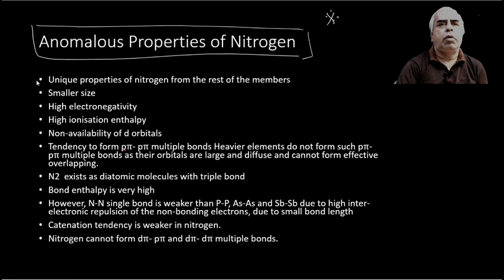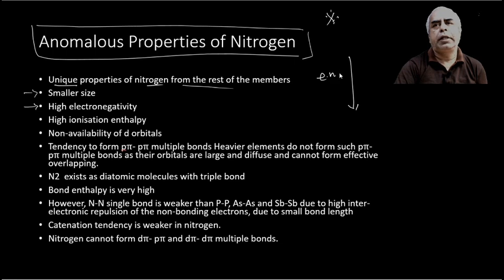So, the unique properties of nitrogen from the rest of the members are because of its smaller size and high electronegativity. We know down the group, electronegativity decreases.